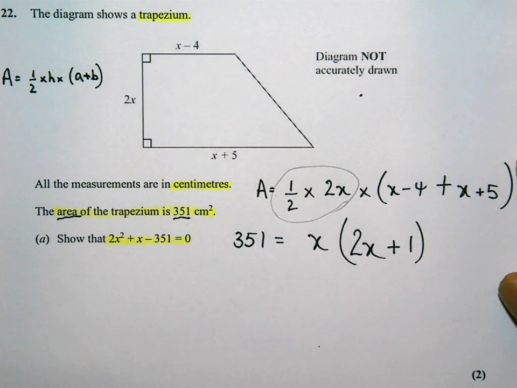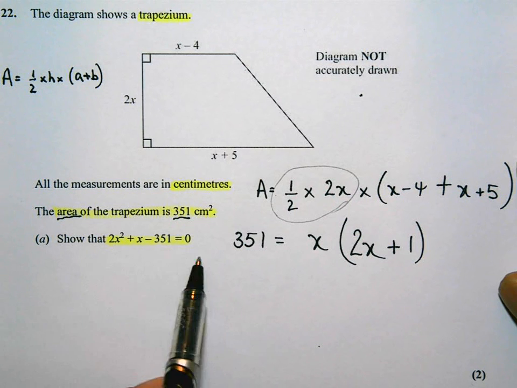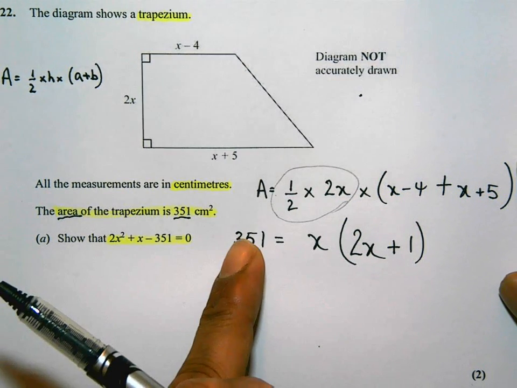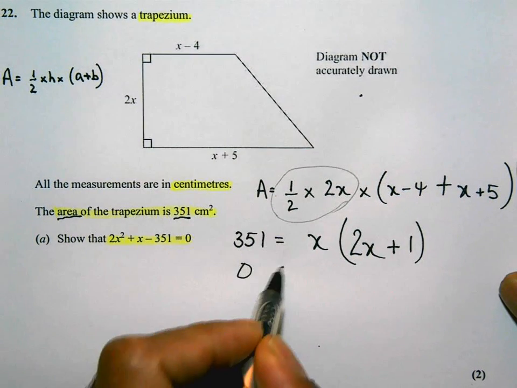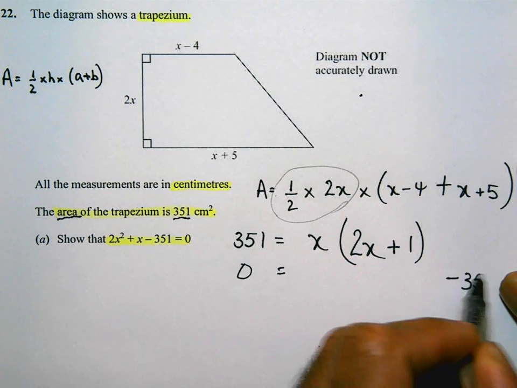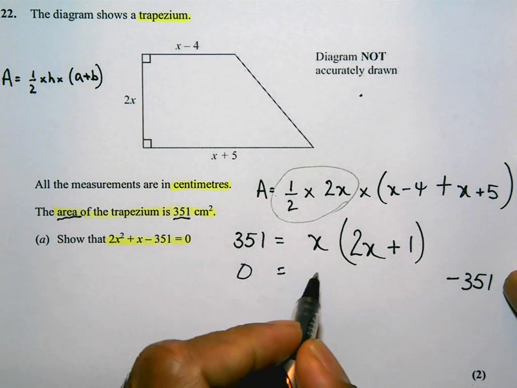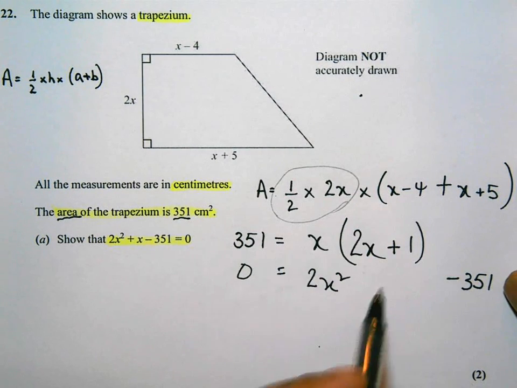What I need to do is to bring everything over to one side. Now if I look at what they want me to show, I have minus 351. So I'm actually going to bring this across to this side here. I'm going to get 0 is equal to, and all the way at this end, I'm going to have minus 351. And the reason why I put it here is because I'm going to multiply out this bracket. x times 2x is 2x squared. x times plus 1 is plus x.